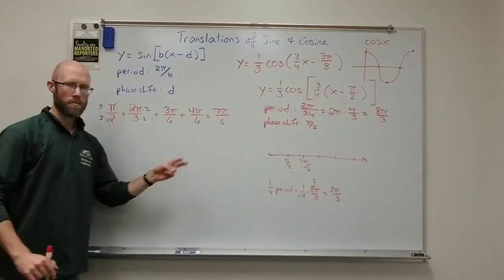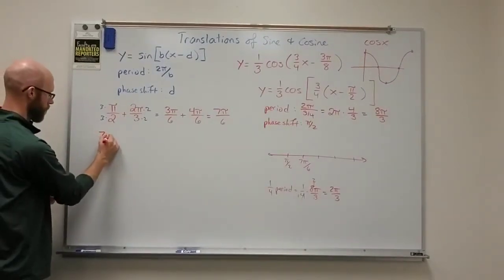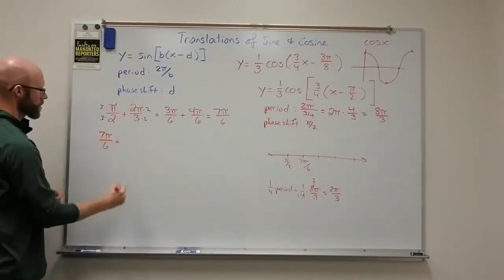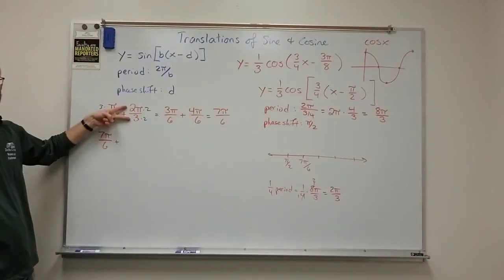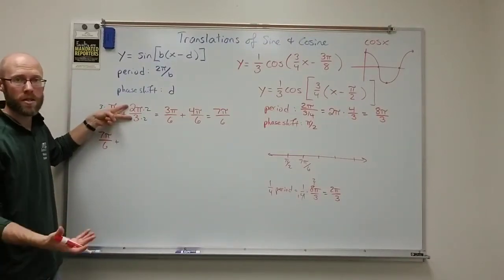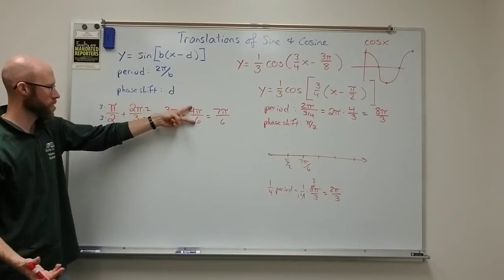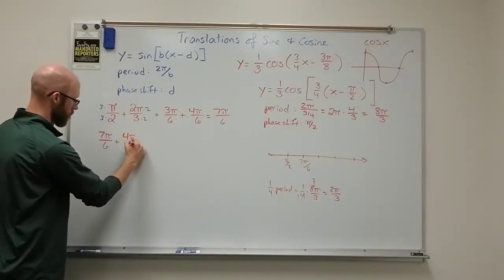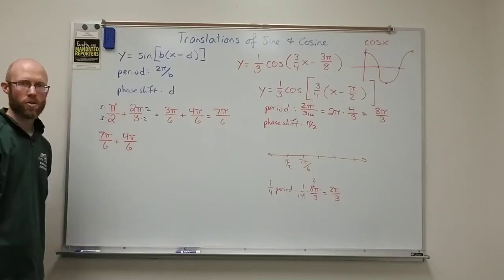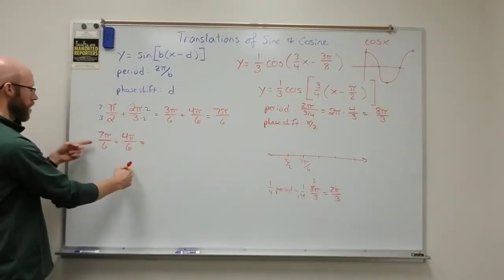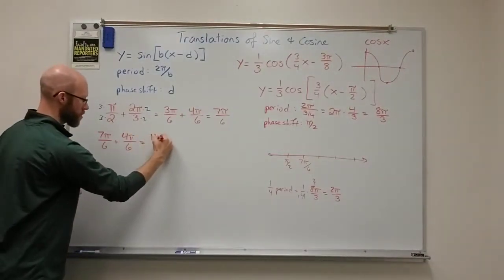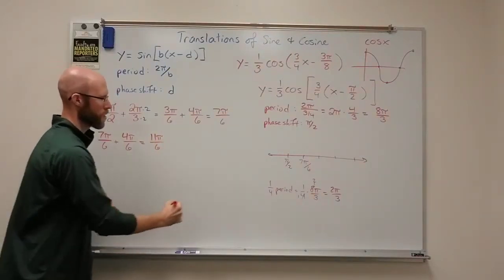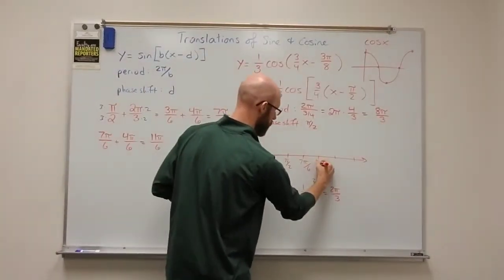Then we take 7 pi over 6 and add to that another 2 pi over 3. Well, the 6 is already my denominator, so maybe I'll just use the equivalent 4 pi over 6 for this. Then I don't need to construct my LCDs again. That gives me 11 pi over 6. So that's going to be the middle point.